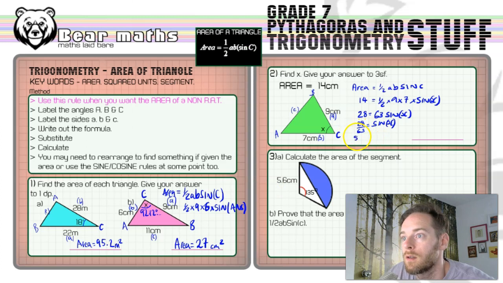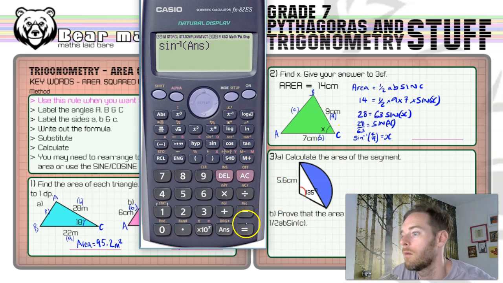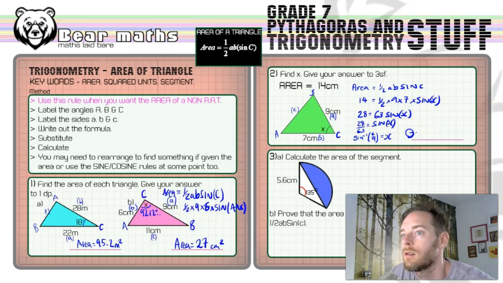So that's going to be sine to the minus 1 of 4/9, is equal to x. All right, that's going to get us our answer. 26.38. So x equals 26.38, 26.4 degrees to 3 significant figures. All right, there you go.